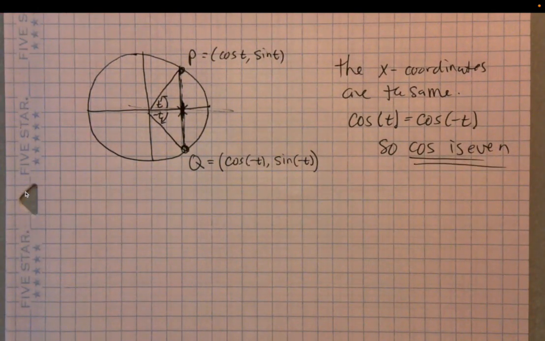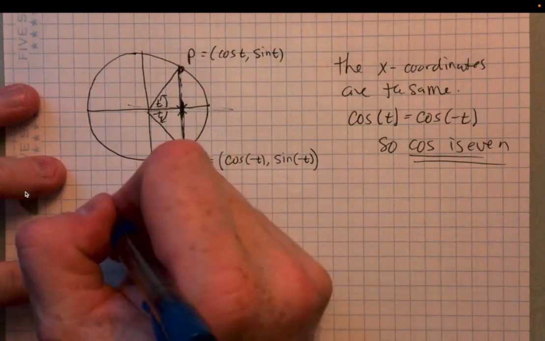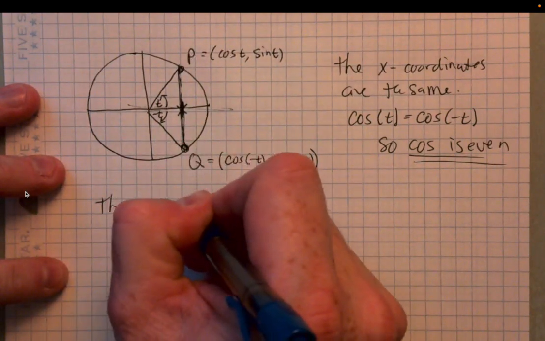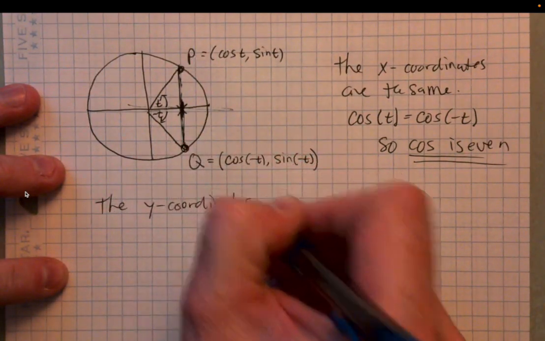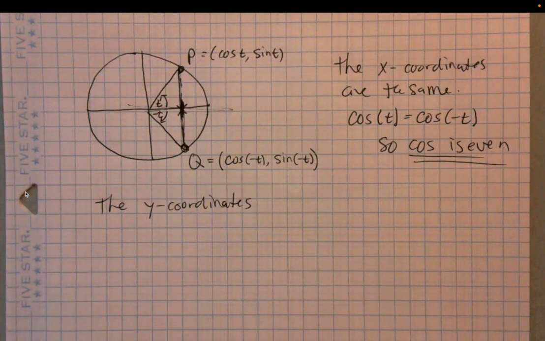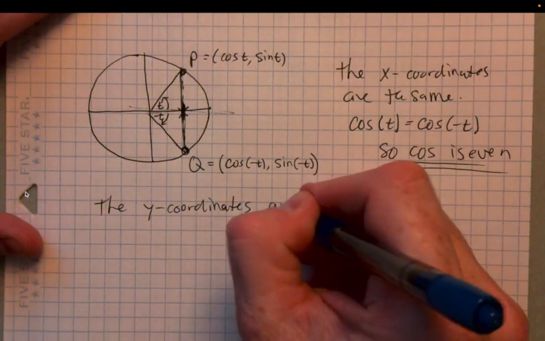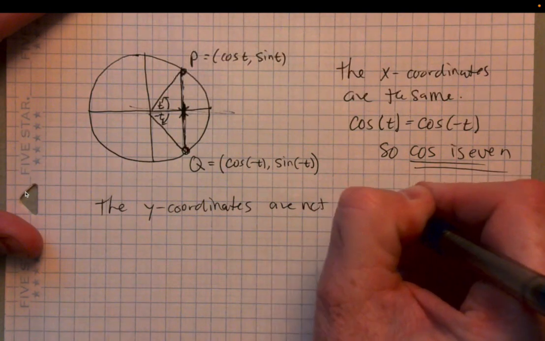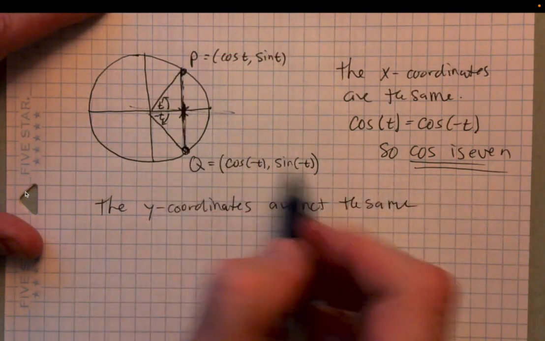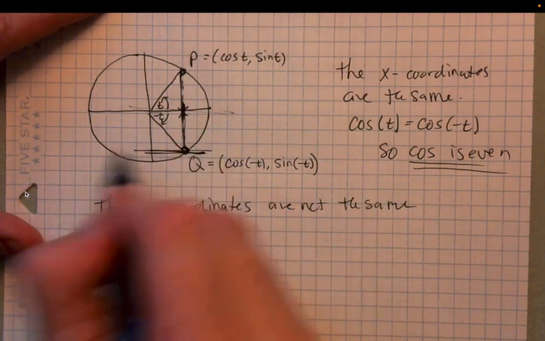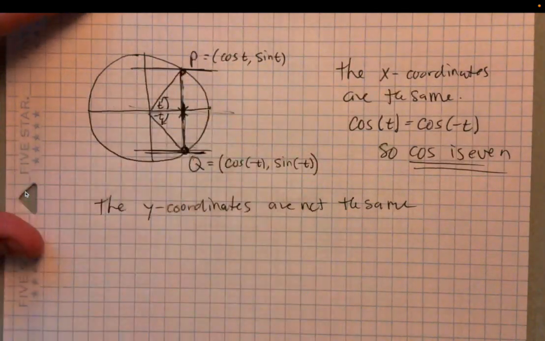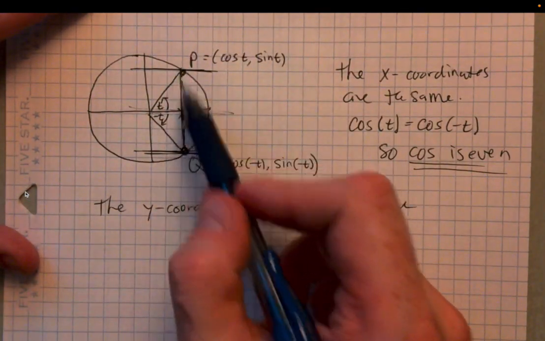Okay. What about sine? Right, so the y-coordinates are not the same. One of them is down here, and the other one's up here. Now they do happen to be the same distance though.